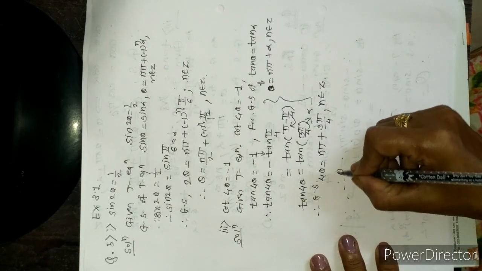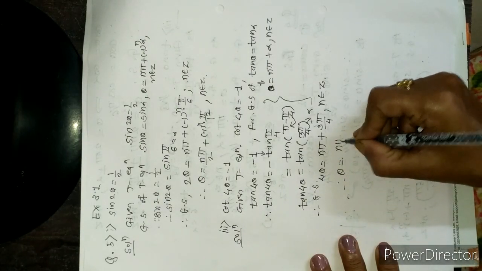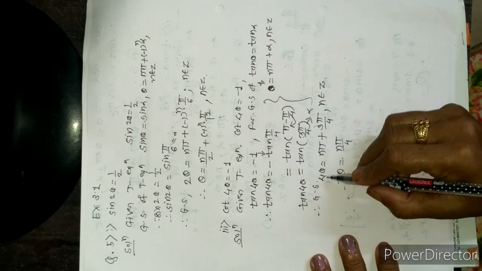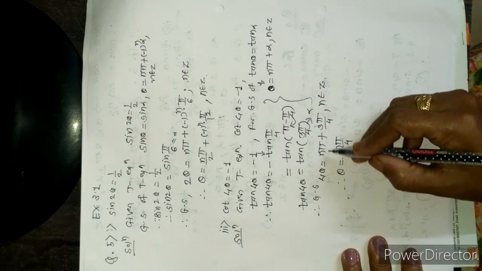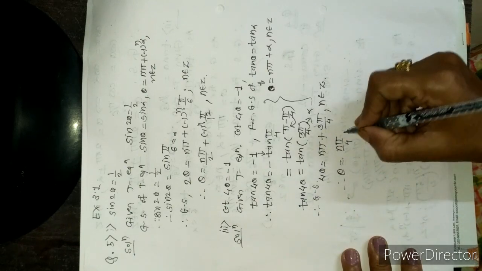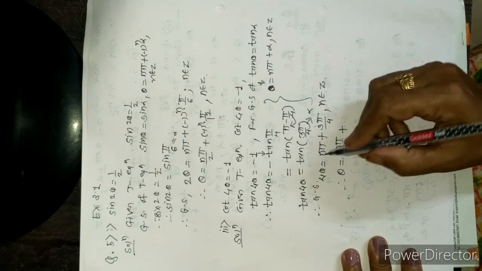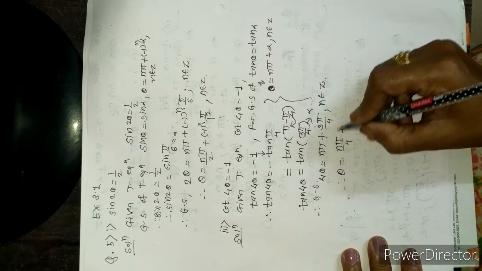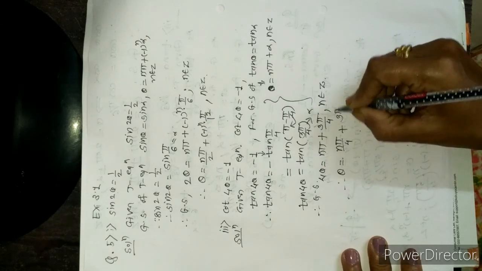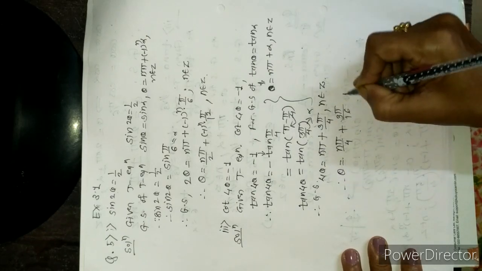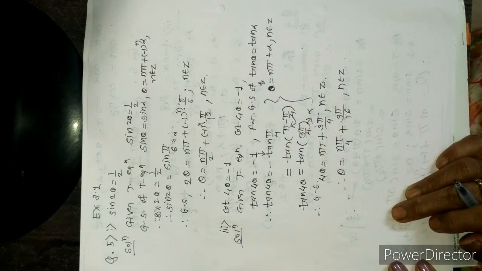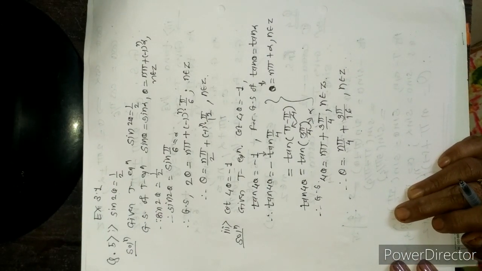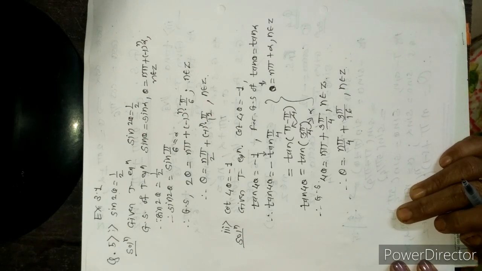And therefore the required solution, theta is equal to n pi by 4, or we may take 4 common, divided to the whole term. So we write 1 by 4 times n pi plus 3 pi by 4, or simplification gives theta is equal to n pi by 4 plus 3 pi by 16, where n belongs to z. This is the general solution for the trigonometric equation cot 4 theta equal to -1.